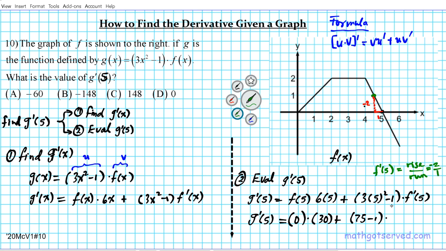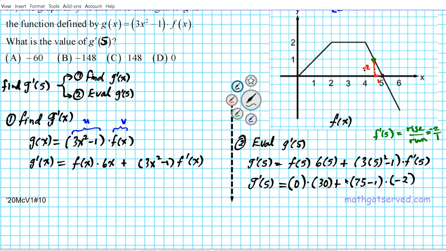All right, so plug it in here. Times -2 for f prime of 5. All that's left is just arithmetic. We're just going to PEMDAS this equation and get the final answer. So simplifying, we have g prime of 5 equals 0 plus 74 times -2.